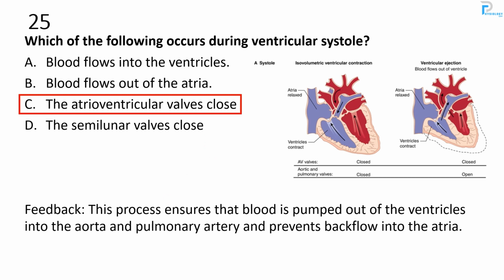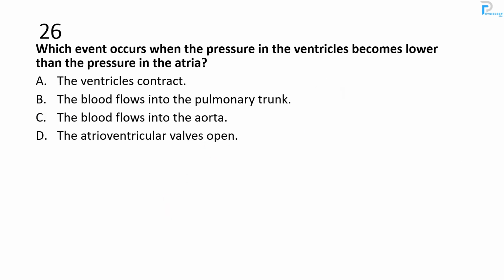Which event occurs when the pressure in the ventricles becomes lower than the pressure in the atria? There is one important concept in cardiac cycle, which is blood flow from high pressure to low pressure. So in that case, you have atrial pressure higher than ventricular pressure.